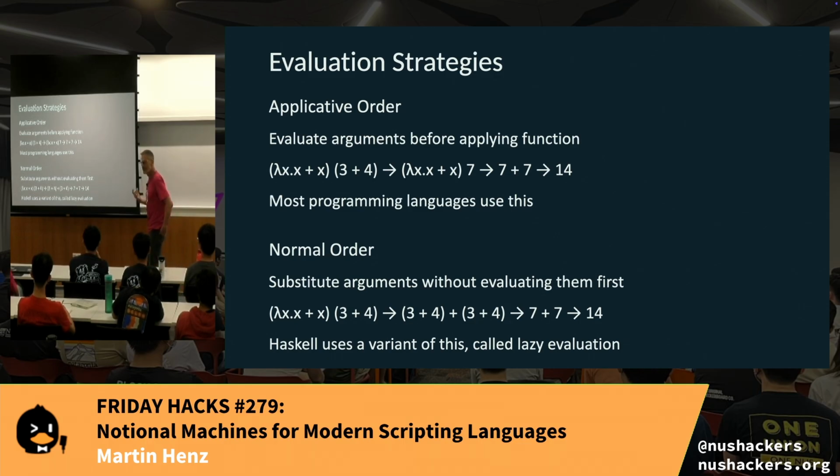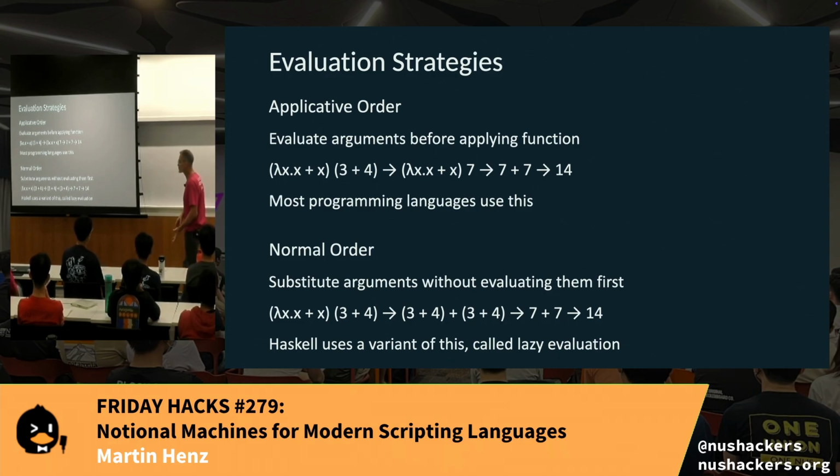So that motivated some pioneers in functional programming to use that evaluation strategy as the underlying strategy for running programs. And the most famous programming language that uses a variant of normal order reduction is Haskell. It's a variant because it includes a particular optimization called lazy evaluation.